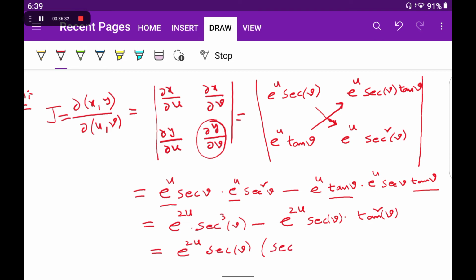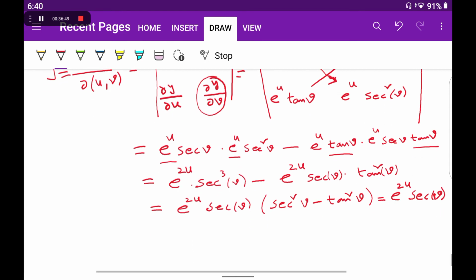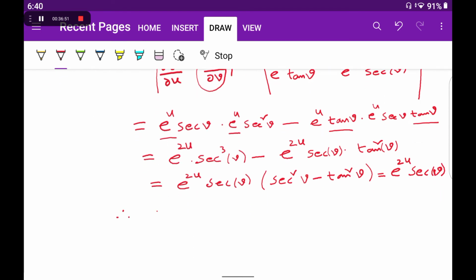We get secant square v minus tan square v, which is 1. So e power 2u secant v is J. Therefore, J is e power 2u secant v.